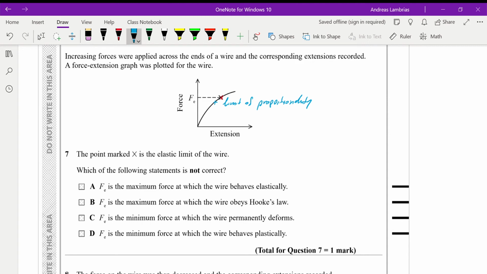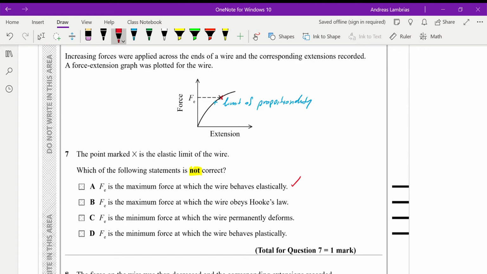So from this graph we need to find out which statement is not correct. Sometimes it can be tricky. So let's see. Fe is the maximum force at which the wire behaves elastically. Yes, after that, if you increase the force, you no longer have elasticity. So the first one is correct. Then B: the force is the maximum force at which the wire obeys Hooke's law.